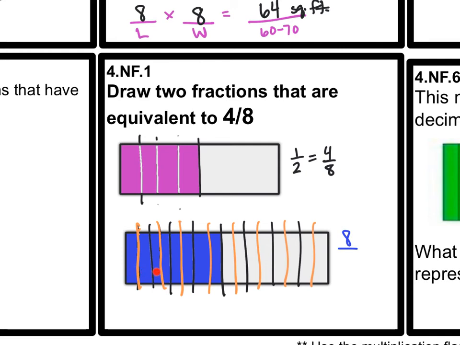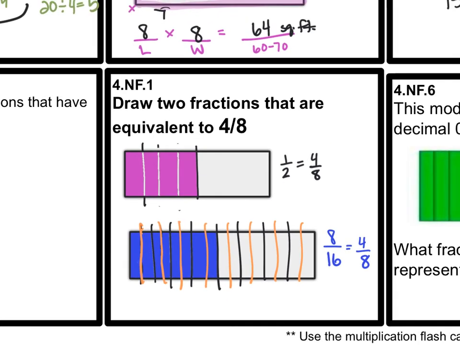So 1, 2, 3, 4, 5, 6, 7, 8, 9, 10, 11, 12, 13, 14, 15, and 16. So I'm going to have a total of 8/16, which is also equal to 4/8. What else can you come up with? These are not the only two that we can make. If you came up with a fancier one, when you turn in your packet, I'll check out that answer.